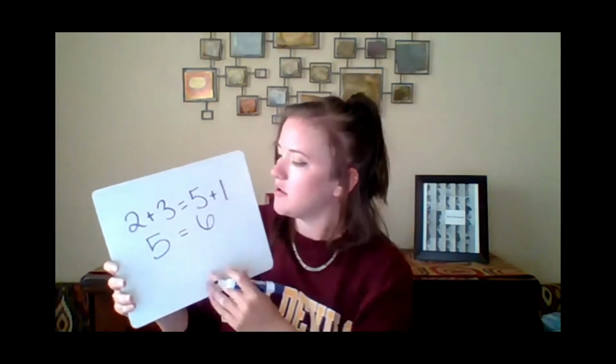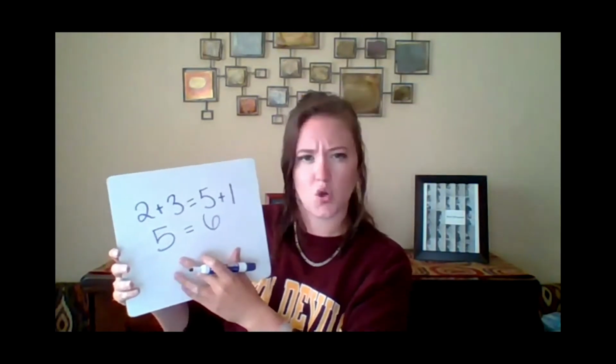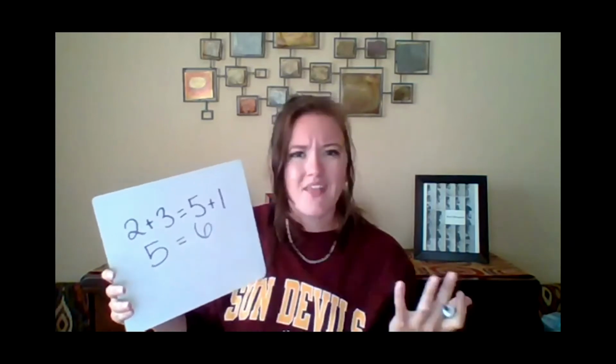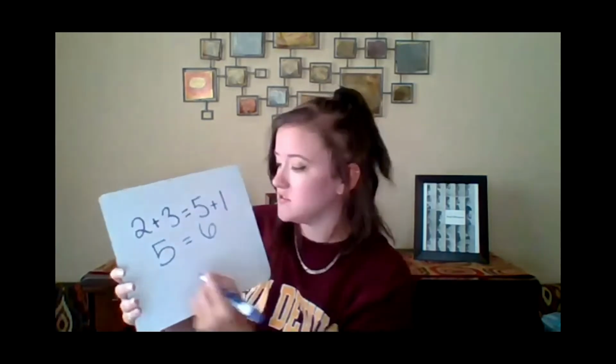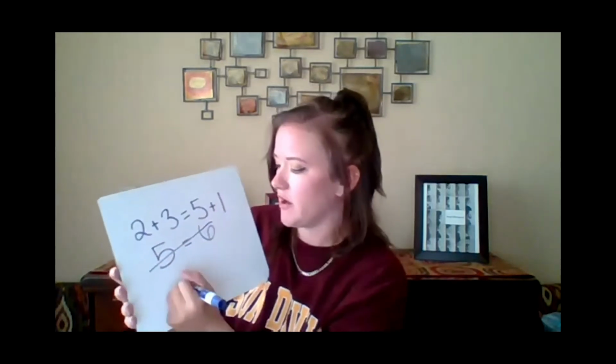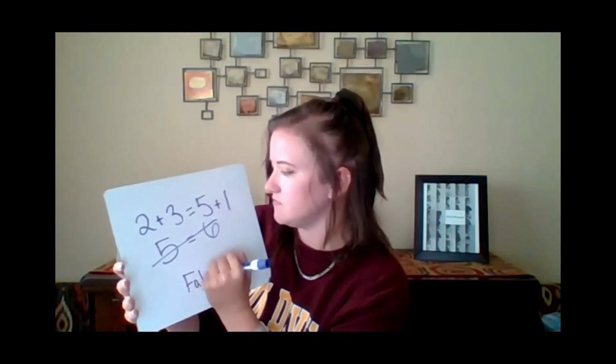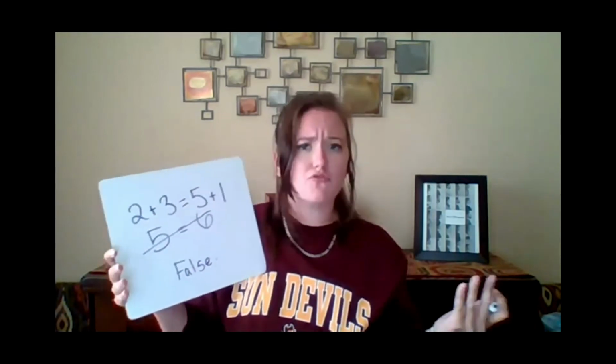Nice job. So is this an equivalent equation? Is 5 equal to 6? No. So this means that it's not equivalent, so it is false. So we're going to put a big cross through it, and we're going to write false. Nice job. That was a pretty easy one. Let's try a different one.